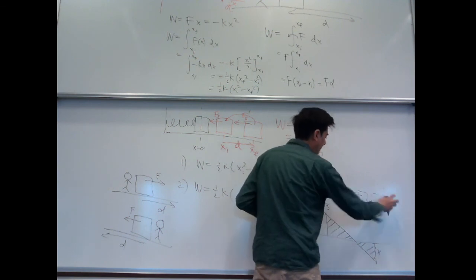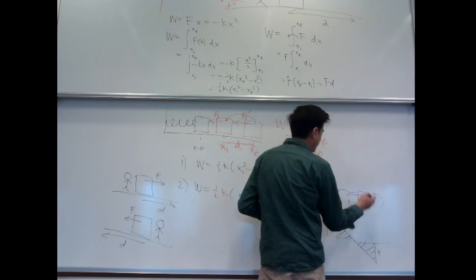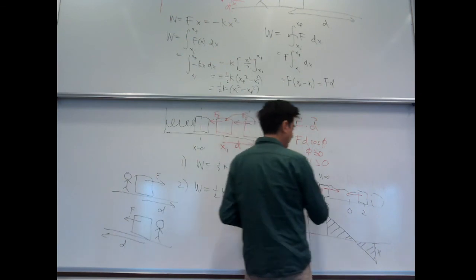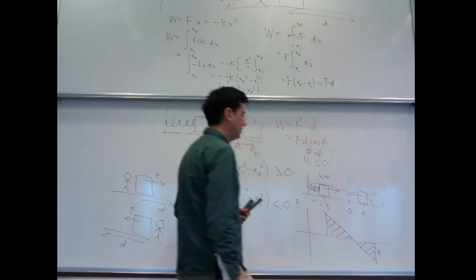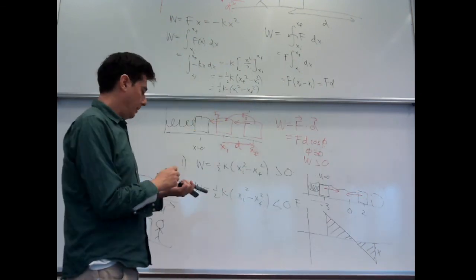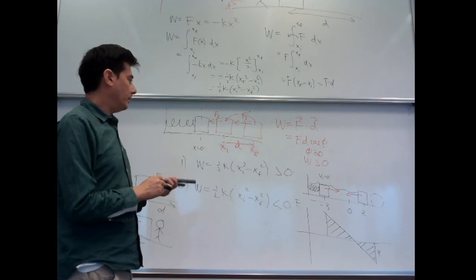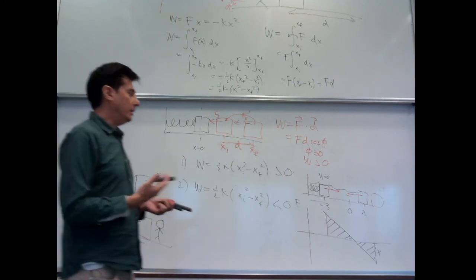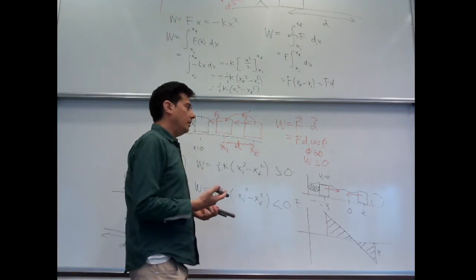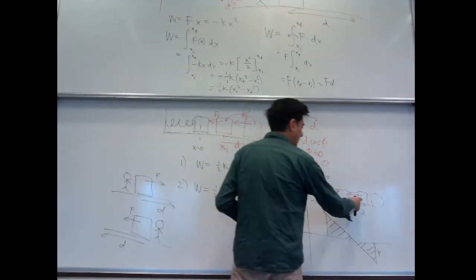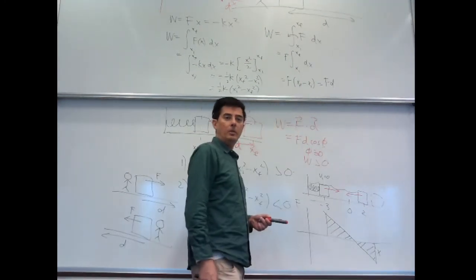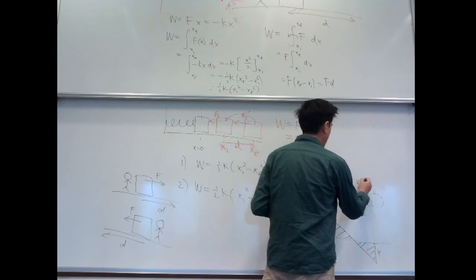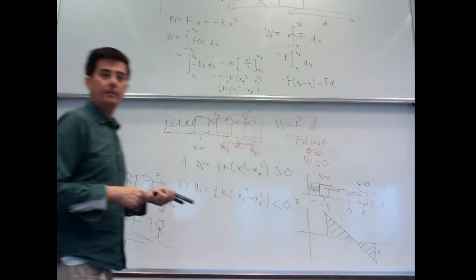So at 2 there's going to be a little bit of kinetic energy, because it's not quite at the 3. So what the positive work is telling you here is that the kinetic energy change is going to be positive. It's going to have more kinetic energy here than at the beginning.